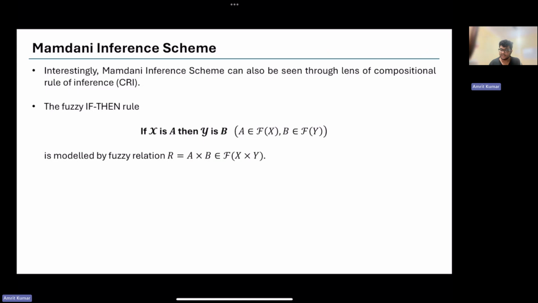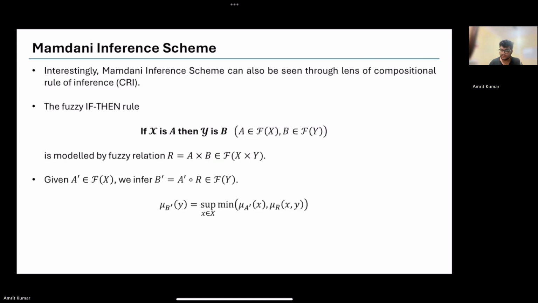What will be the formula for that? It will be nothing but this. We have already seen this formula, so I hope you don't have any problem with this.